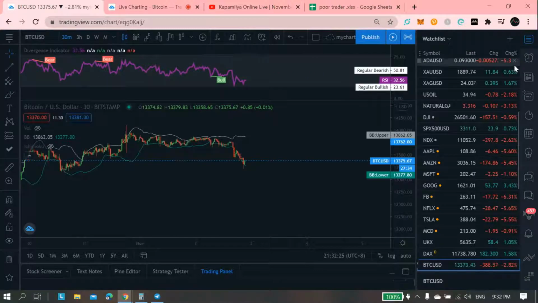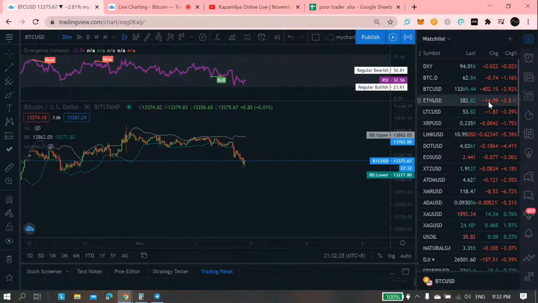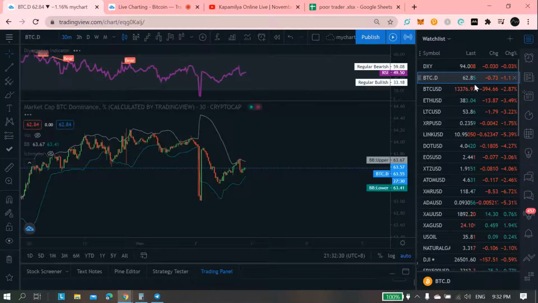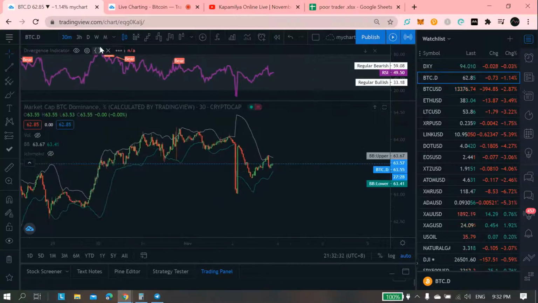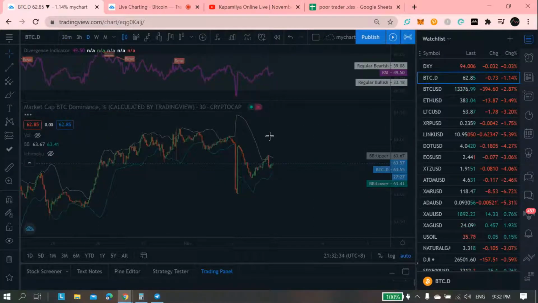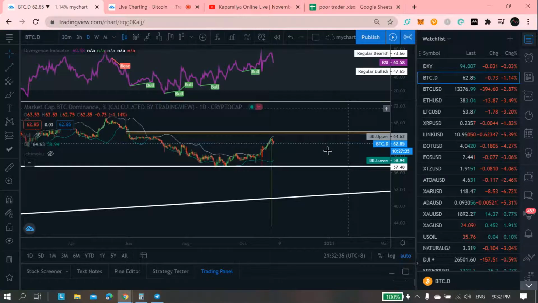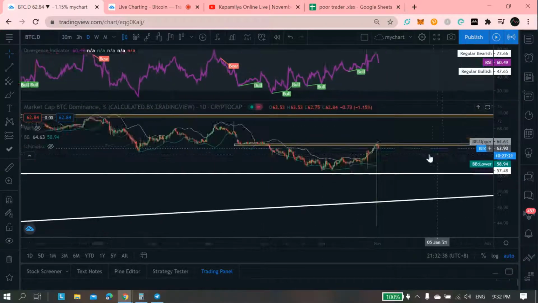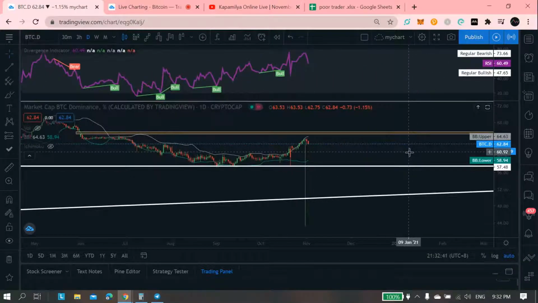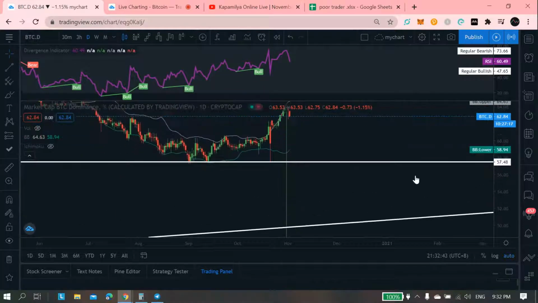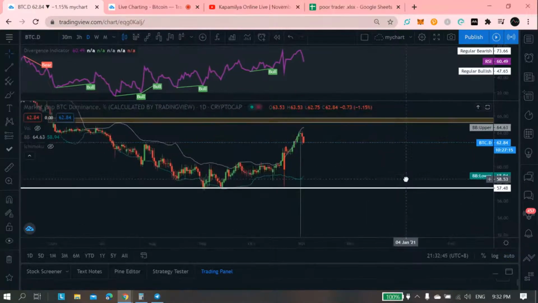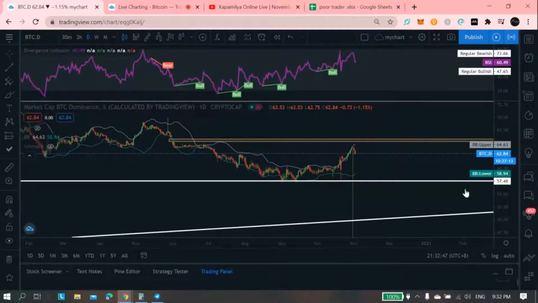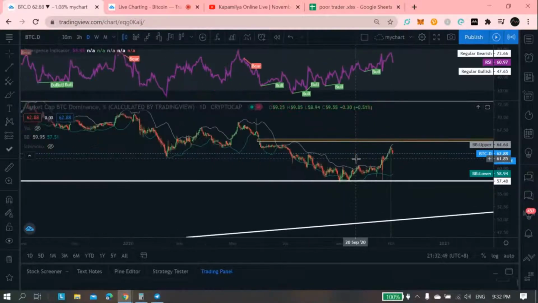Anyway, let's move to this one, BTC dominance. Because the last time it was already close to filling the gap, but it failed to fill the gap. So, wait, let's use this. Yeah, that's the daily time frame.